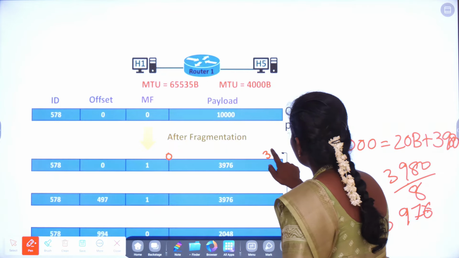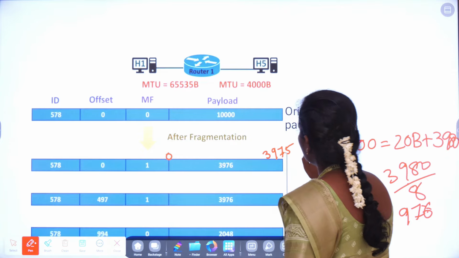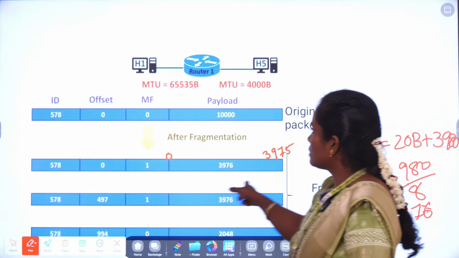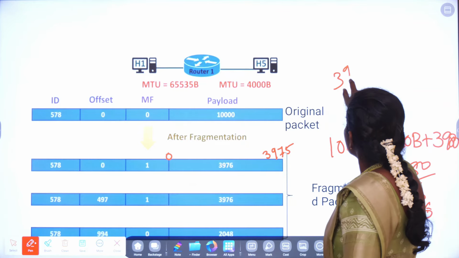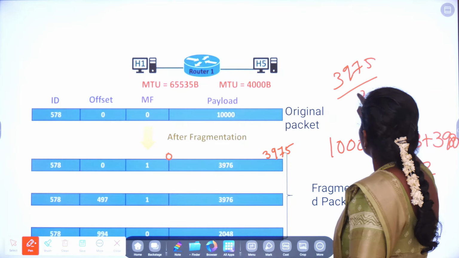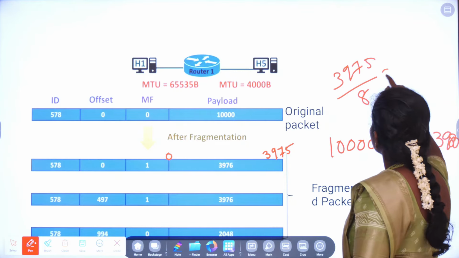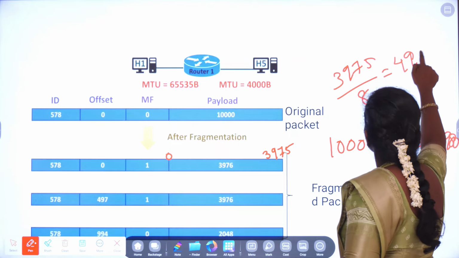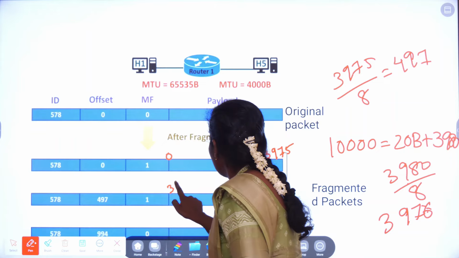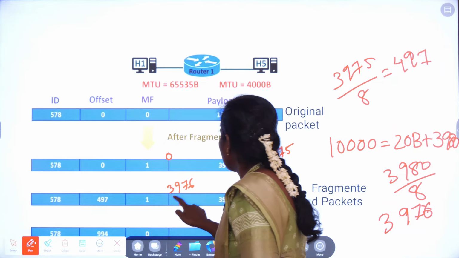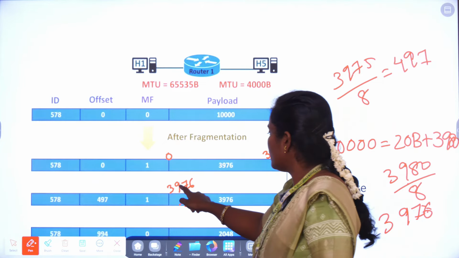So the last byte of this fragment is 3975. Next I find the offset. The offset is 3976 divided by 8, which is 497. If you multiply 8 by 497 you get 3976. So the second fragment starts at 3976.